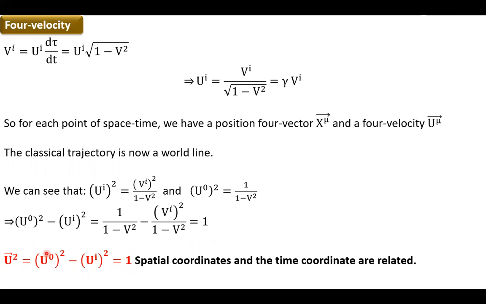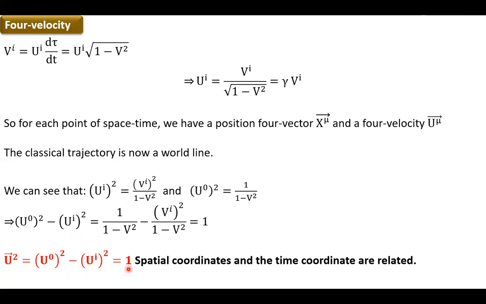So you take the square of the time coordinate minus the square of space coordinates. We will always use this convention. So time squared minus x squared. So your u squared is u0 squared minus ui squared, which is the norm of the square of your 4 vector, which is equal to 1.